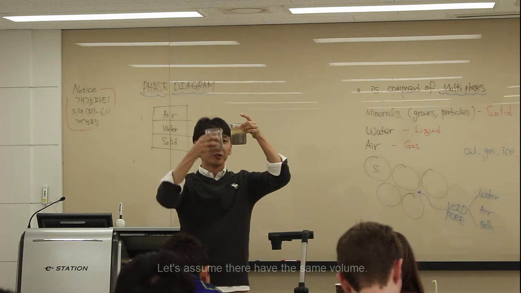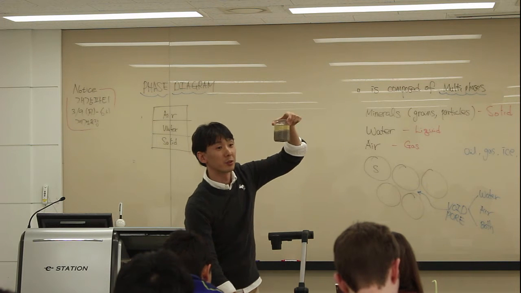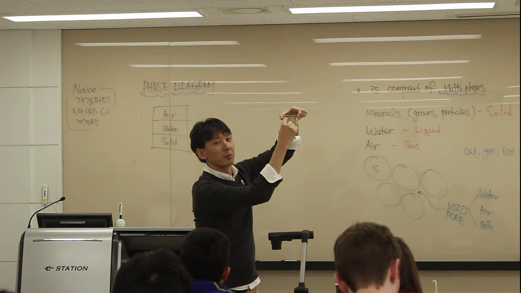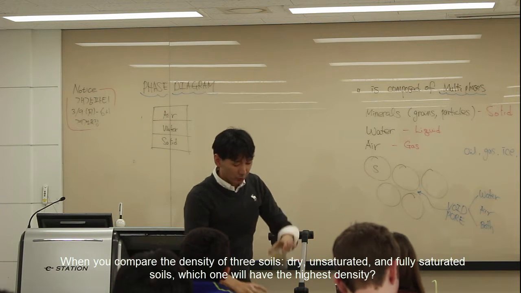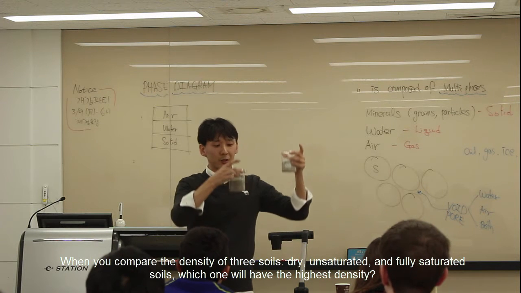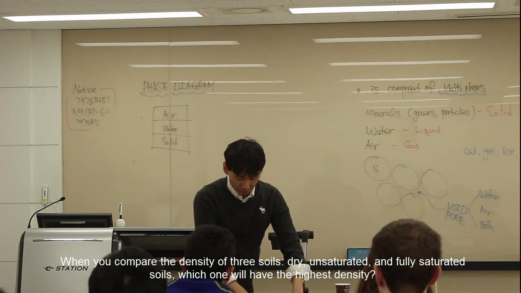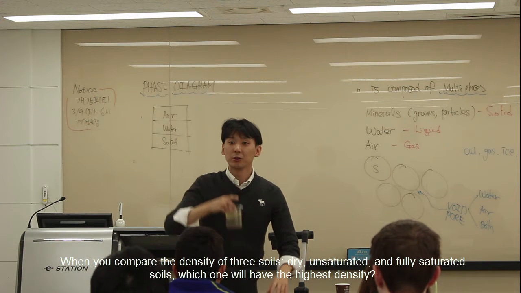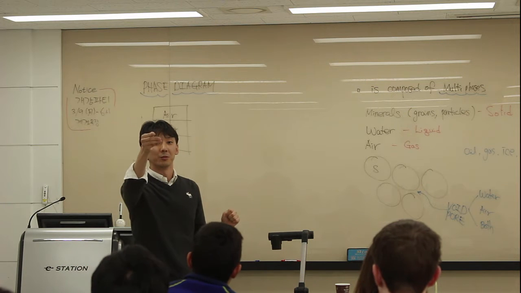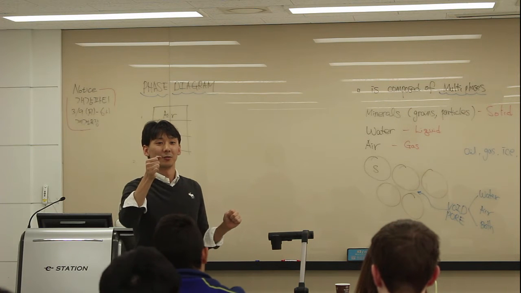Okay? So in this case, because it's a submerged soil, you only consider the soil of this part, ignore the water part. Okay? So when you compare the density of these three different soils, dry, unsaturated, and fully saturated, which one will have the highest density? Fully saturated.